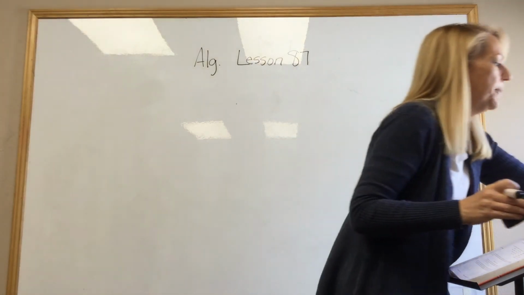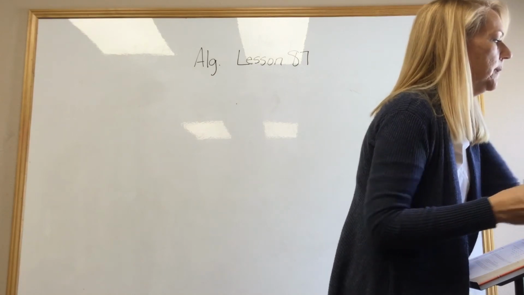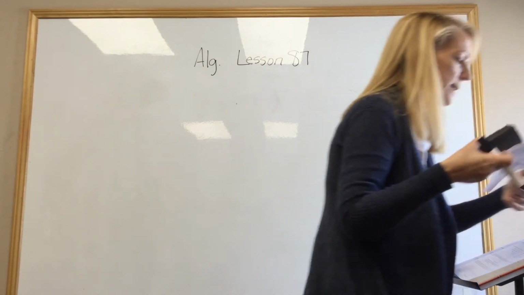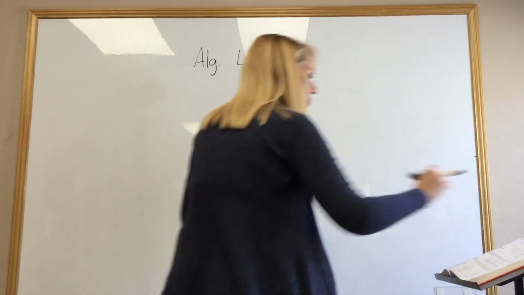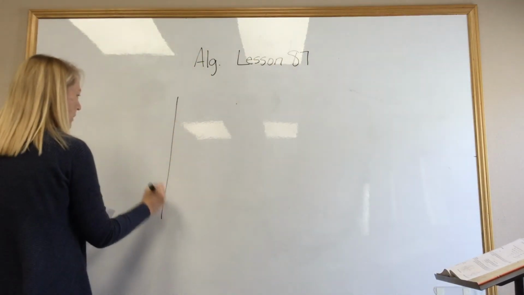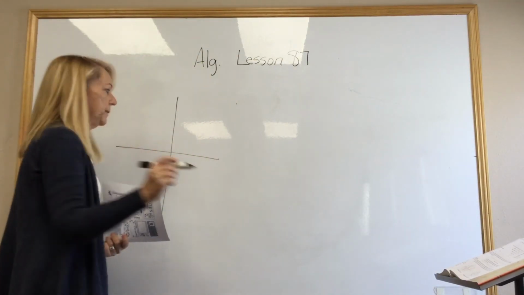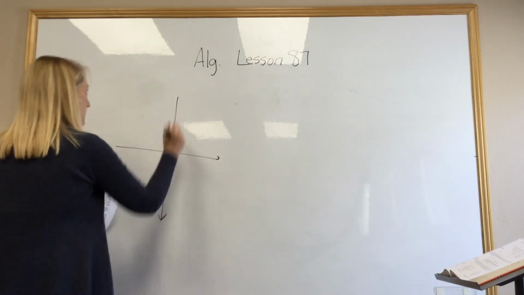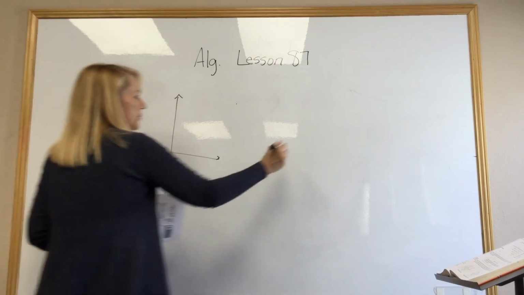So back to this lesson, the part B for lesson 87 is talking about functions again. And so on the coordinate plane, this is super simple. Be so glad. Here's my coordinate plane. I'm going to do another one right here.